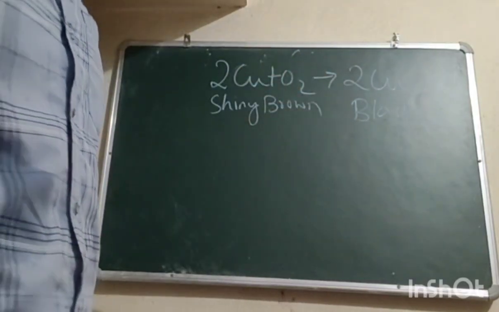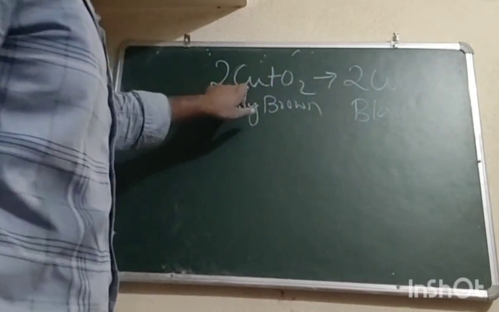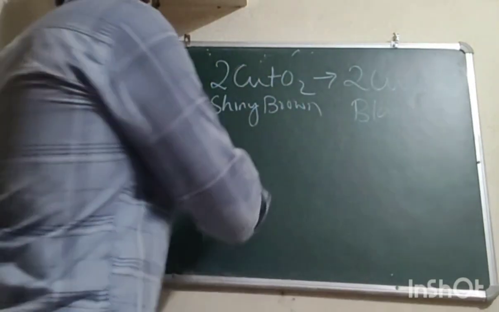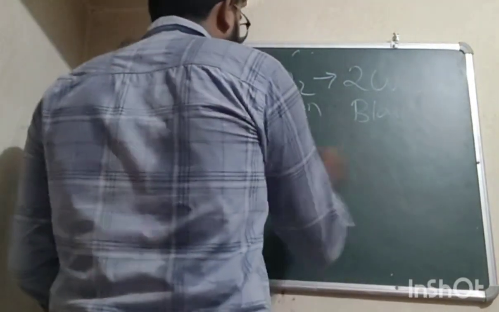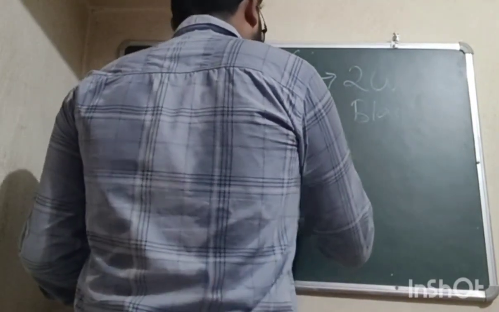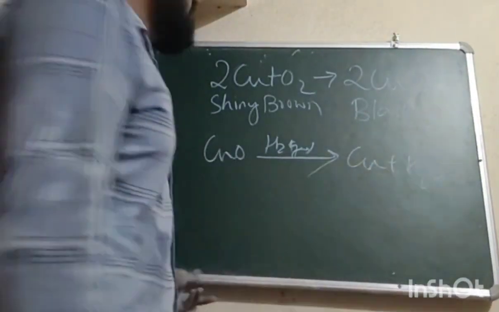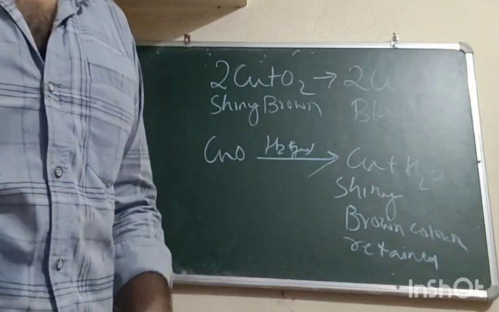Now, if we have to obtain this copper back, what would we do? CuO, and hydrogen gas is passed with it. So what will happen? Cu plus H2O. Again, the same shiny brown color retained or regained, you can say, right?